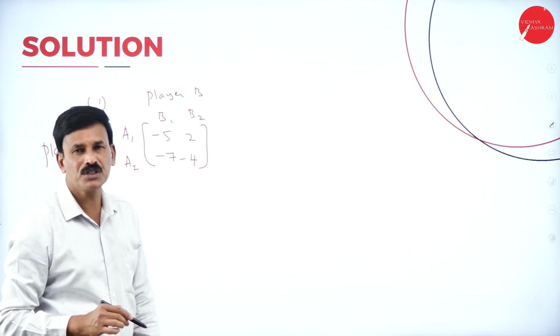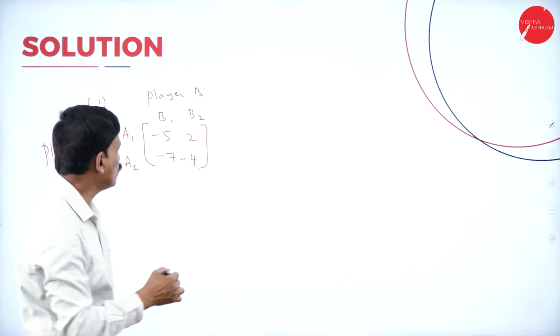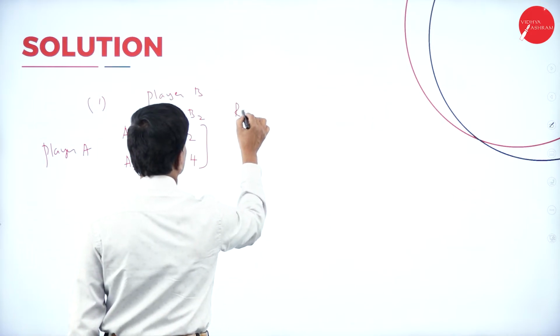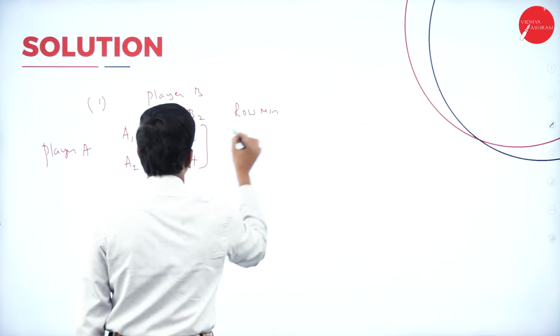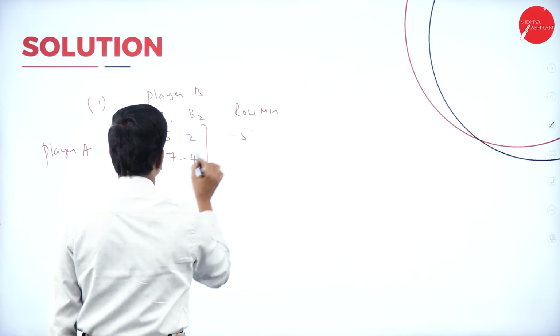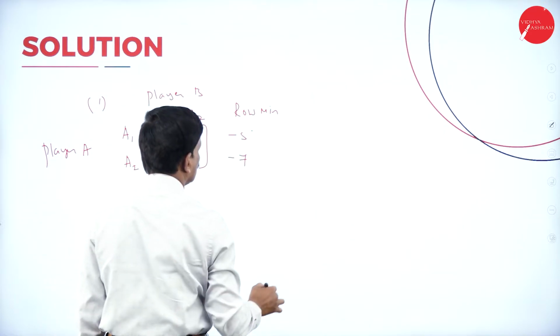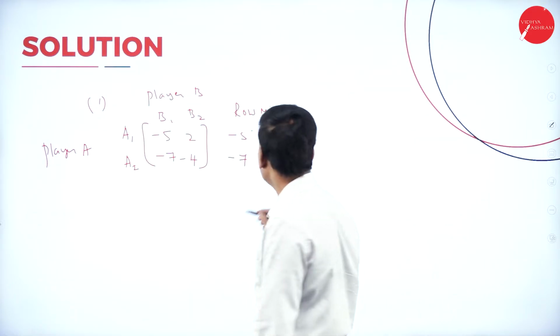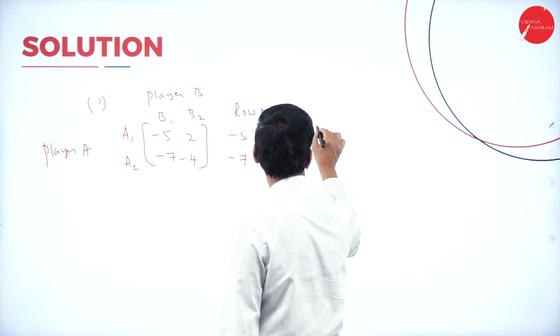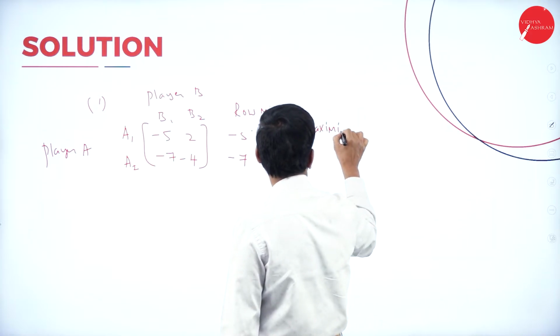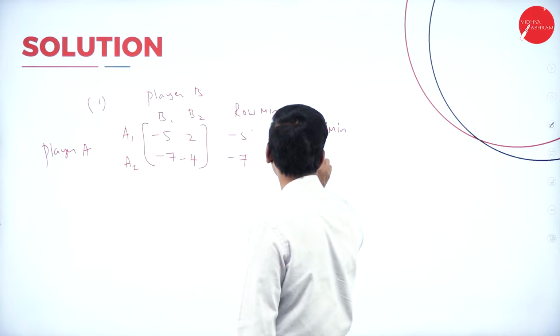Now as usual, find the row minima and column maxima. Row minimum is -5 here and -7 here. Now find the maximum value, that is maximin. The maximum in this is -5.